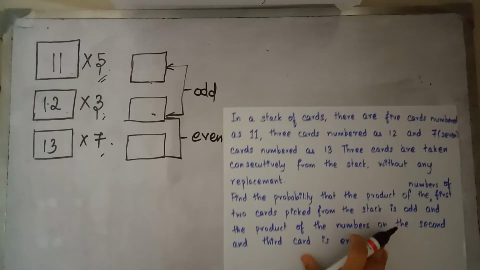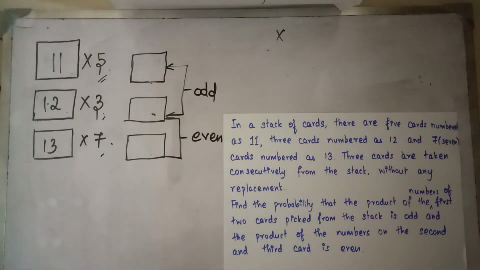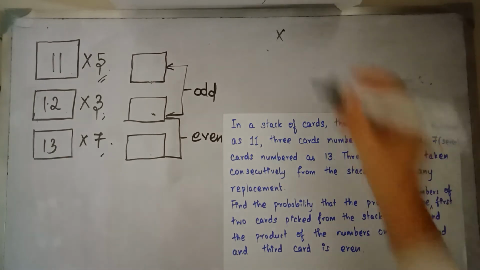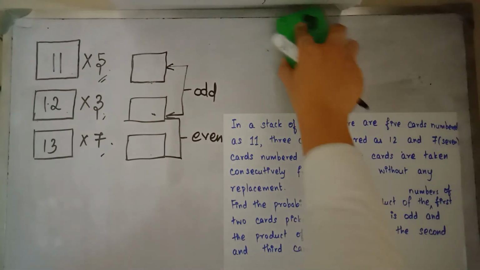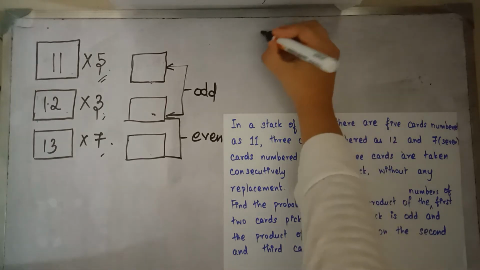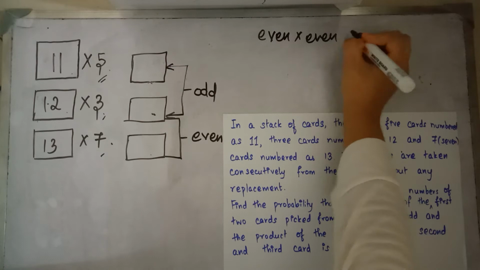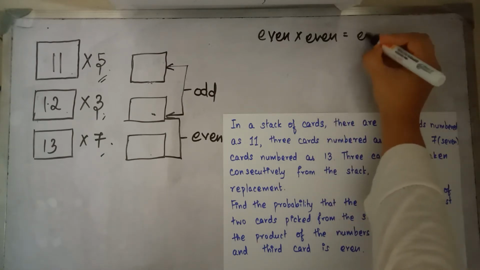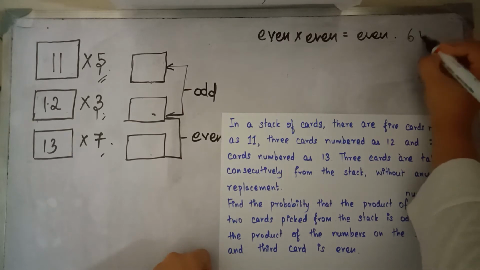Now, we all know that there are certain rules for multiplication of odd and even numbers. These rules are useful for solving any common logical problem in topics involving numbers. So we know that when an even number is multiplied by an even number, we get an even number. An example would be 6 into 6.